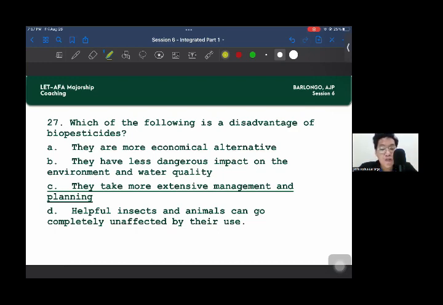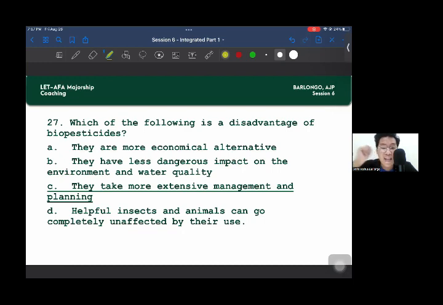So in using biopesticides, you don't have a measurement or an exact measurement of the active ingredient. When we say active ingredient, these are the ingredients that kill or eliminate specific pests.